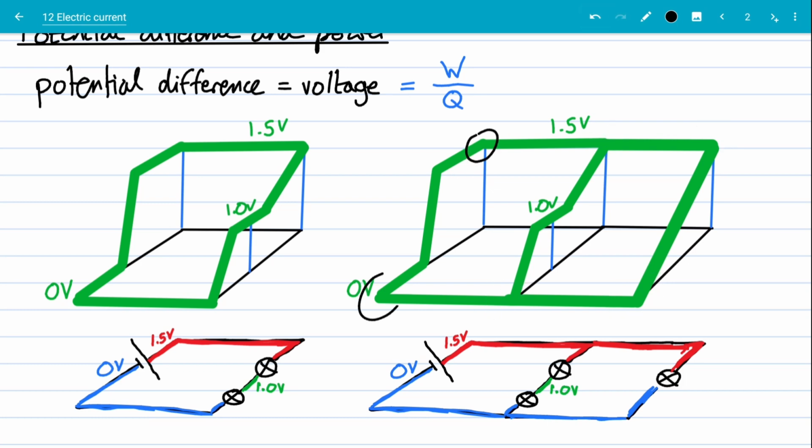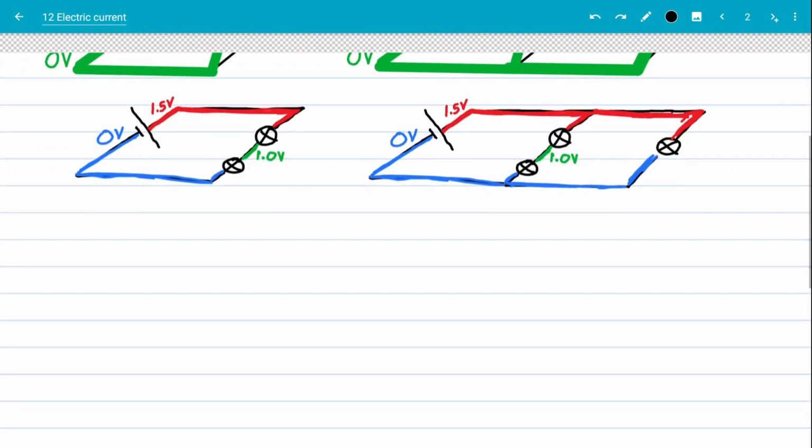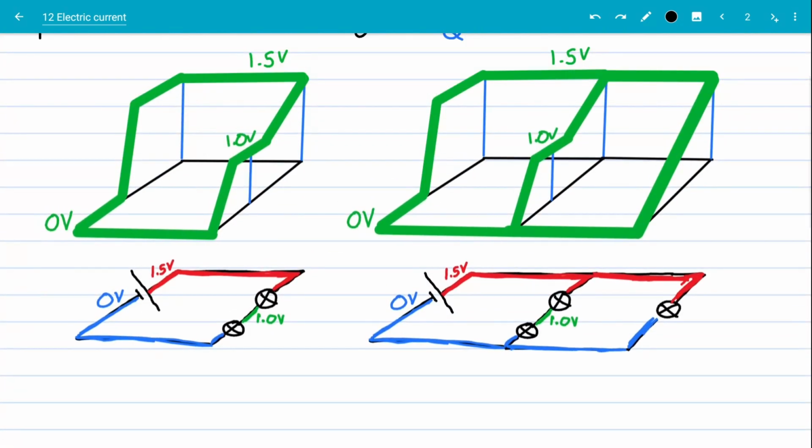The potential difference from here to there is 1.5 volts. Because that's what potential is. It's a way of addressing our position within an electric field. And we can represent that in the same way as we do with gravitational fields by looking at heights. Right, that's about as good as I'm going to do for that sort of description.